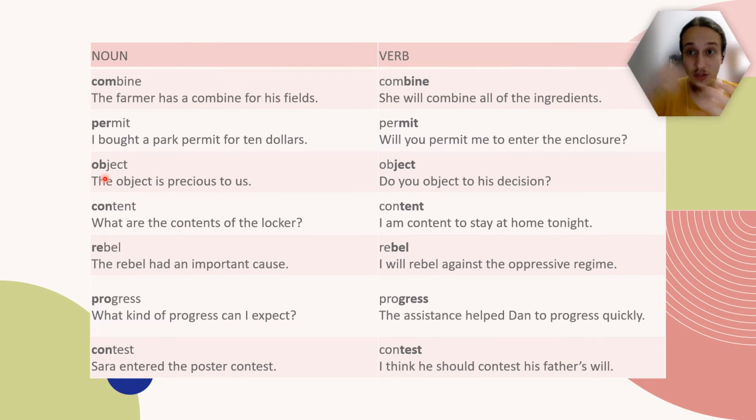That means the stress is in the first syllable. So we have nouns. Here we have combine, permit, object. In the last or second syllable, we have the stress. That means that we have a verb. Let's continue with some other examples.